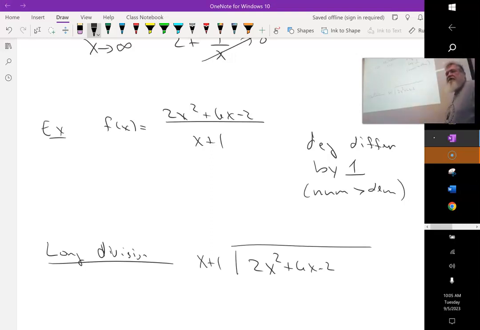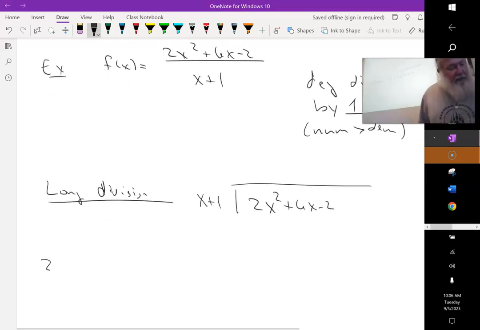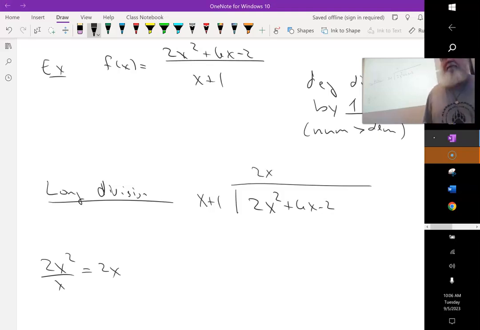And some of you might have learned some other cool ways of doing this, and I know most of them, but I'm only going to show one. So I always think of this way. You got to take that 2x squared, that leading term there, and divide it by x. How many times does x go into 2x squared? It goes in there, what? 2x times. So we're going to multiply by 2x. 2x times x is 2x squared.